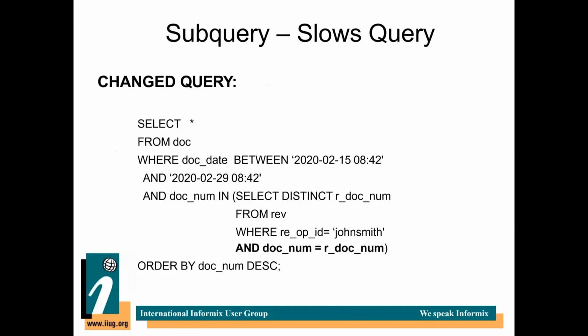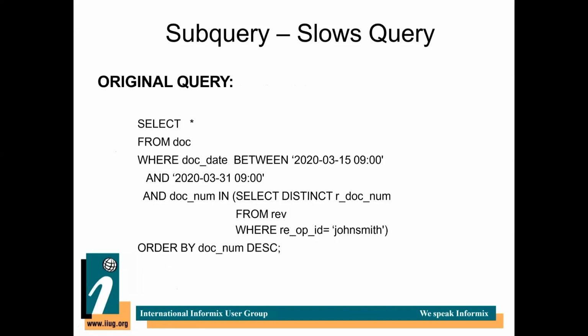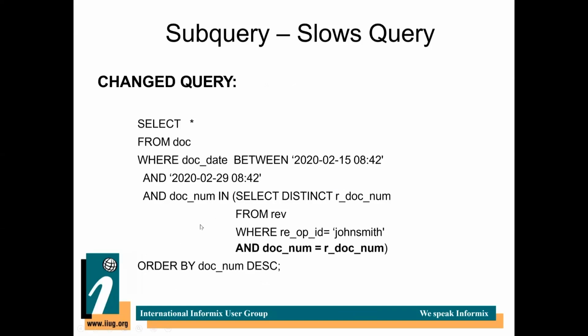Initially, when we ran this query, it took about 20 seconds to run. By making one little change to the subquery, we added the document number, for the in field and what's in the select.